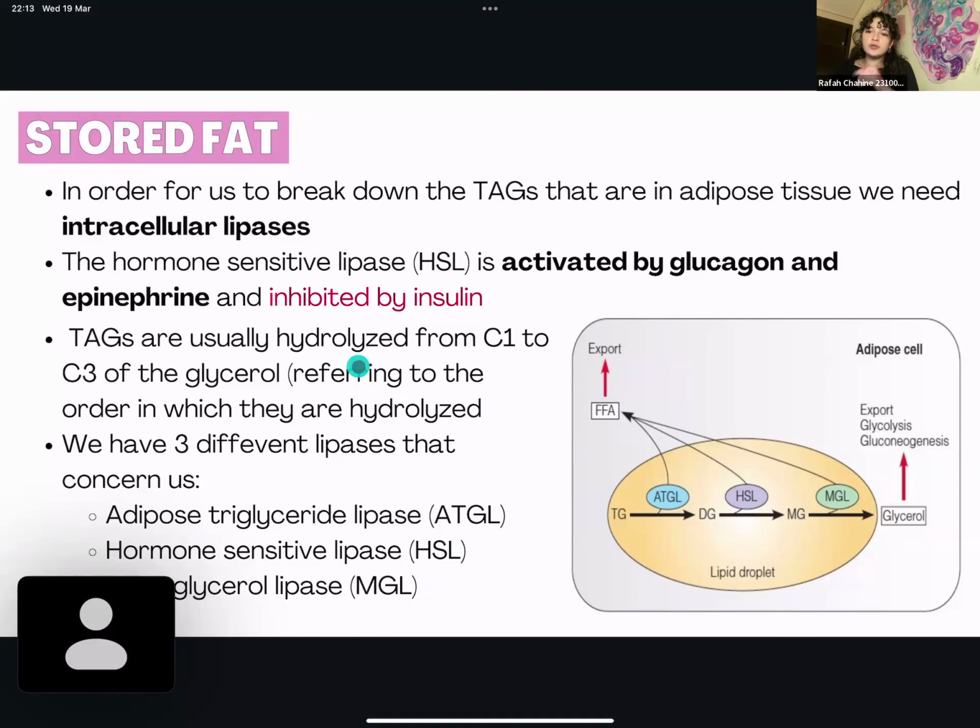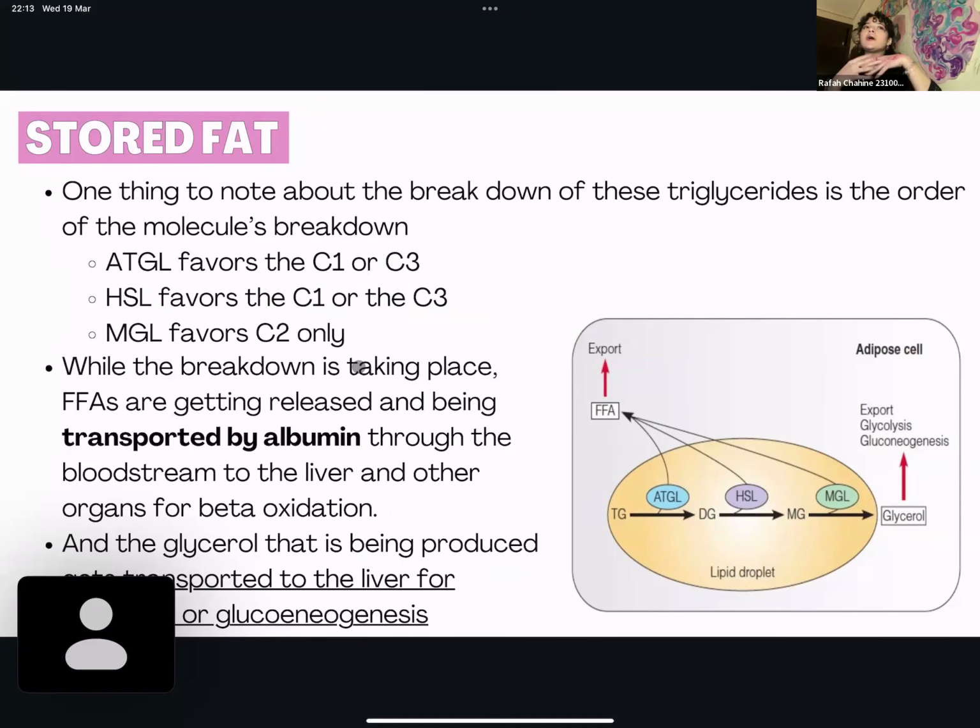Now, this third bullet point is also important, which might confuse you a little bit, but it's honestly pretty simple. Remember how I said the triglycerides are made up of the 3 carbons, the C1, C2, and C3? So going back to that, the order in which these carbons are broken down in the case of intracellular lipases is specific. So ATGL only likes to break down C1 or C3.